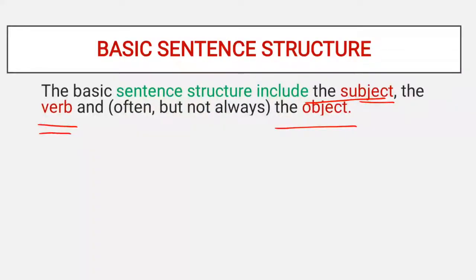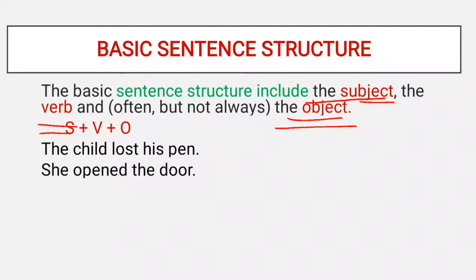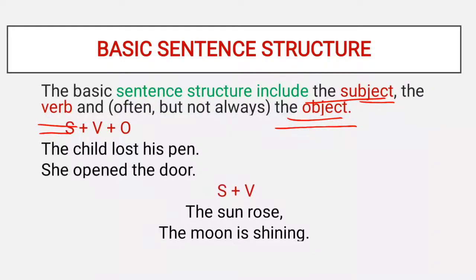The verb, which identifies an action or state of being, and at the end, the object, the receiver of the action. So in English, our sentences usually operate using a similar pattern like subject, verb, and then object.